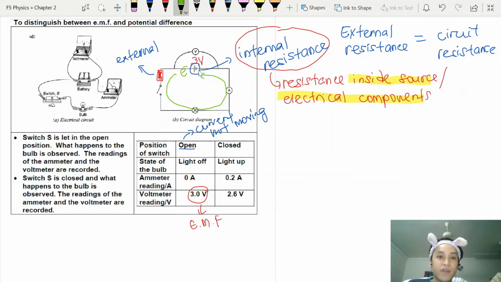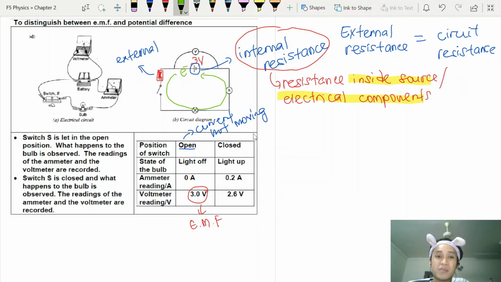Every time when they go back into the battery and come out, their voltage will drop. Why? Because whenever they travel back into the battery, due to the internal resistance, their energy level will go down.